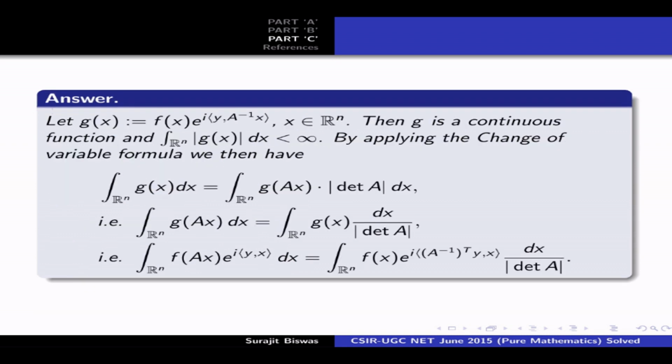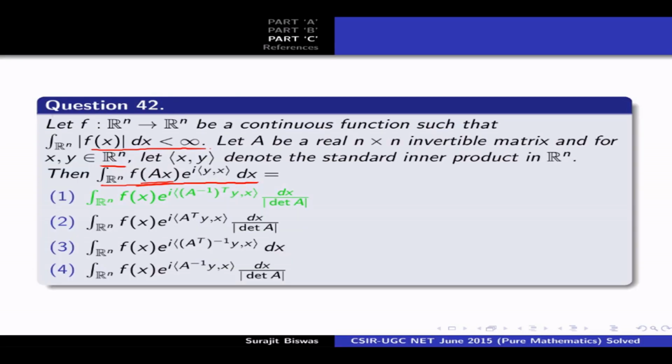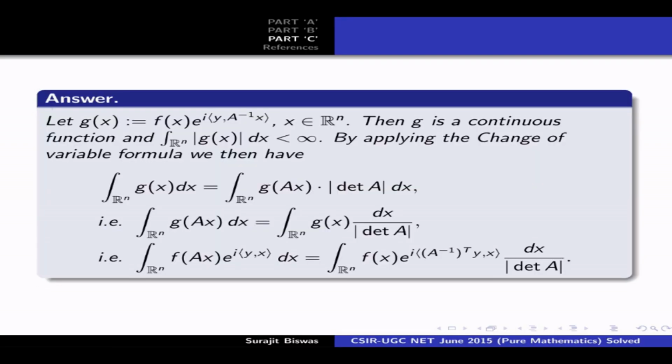Here, first we are replacing Ax by x, and if we do that, then we'll have this function.